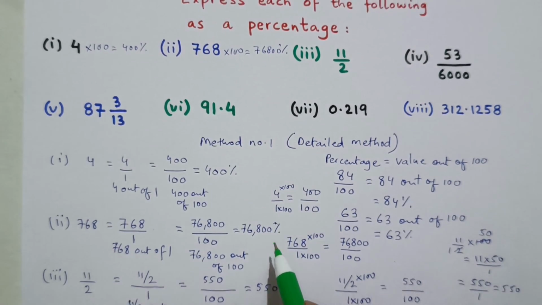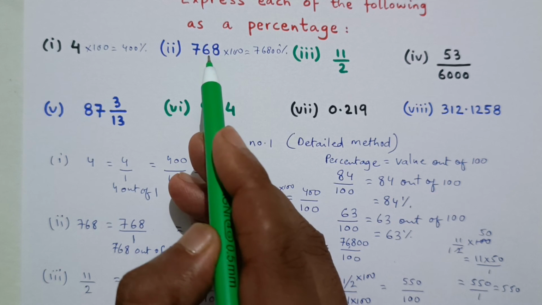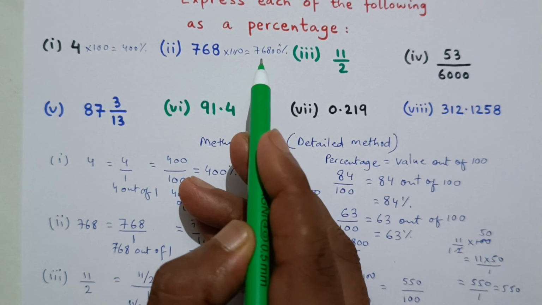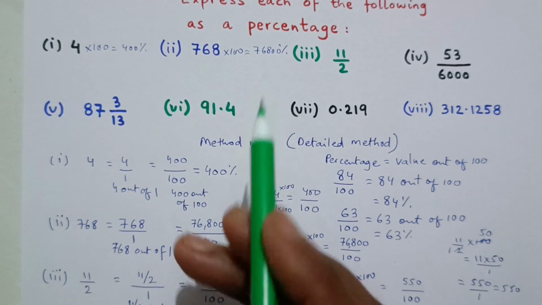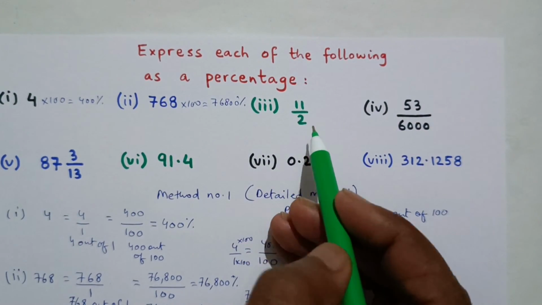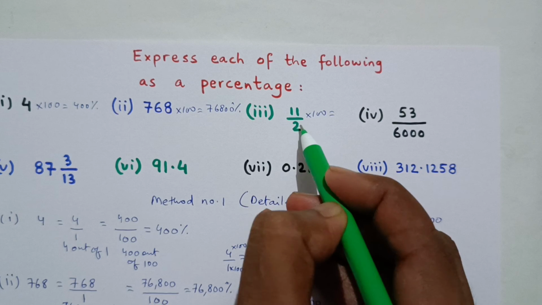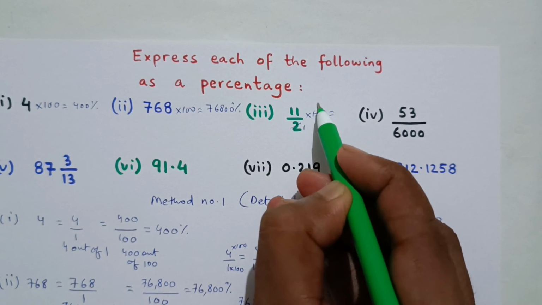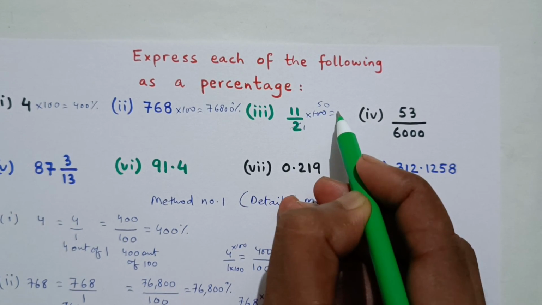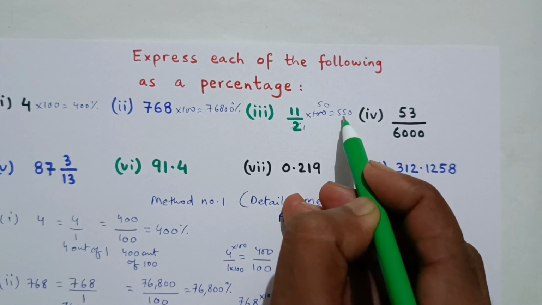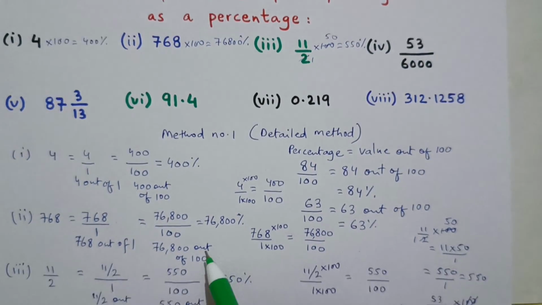So therefore the faster method is nothing but, if you multiply the number by 100, whatever value you get, that is the percentage. So here also 11 by 2 multiplied by 100 is 2 ones are 2, 2 50s are 100, 11 into 50 is 550. So 550 percentage.